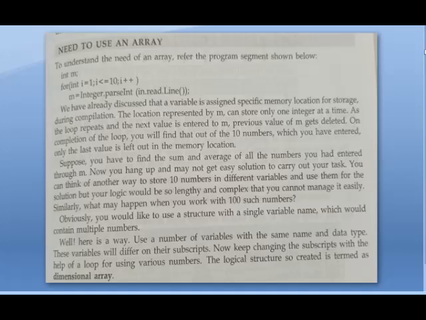We have already discussed that a variable is assigned a memory space location for storage during compilation. The location represented by m can store only one integer at a time. As the loop repeats and the next value is entered into m, the previous value of m gets deleted. On execution of the loop, you will find that out of the 10 numbers which you have entered, only the last value is left in the memory location.